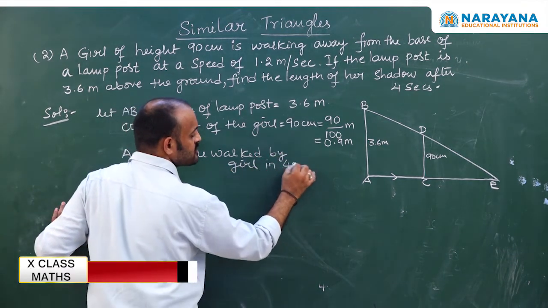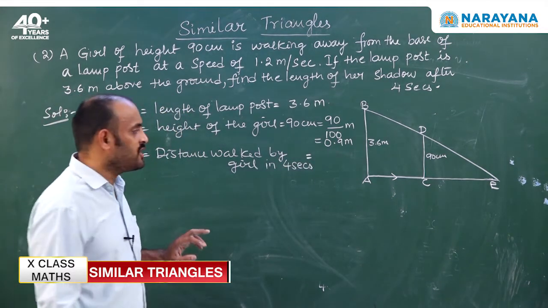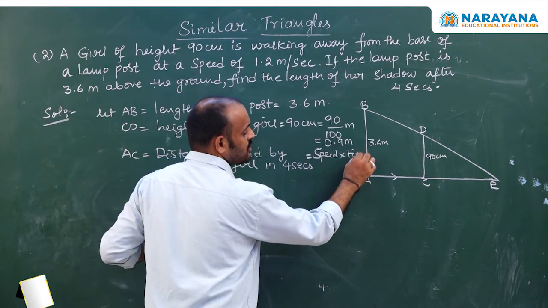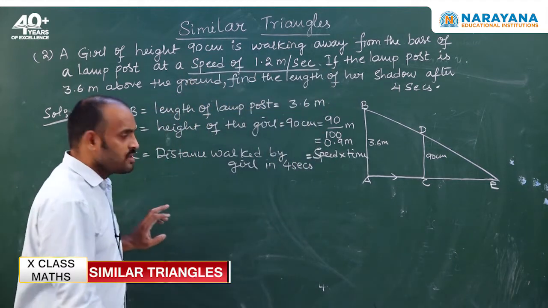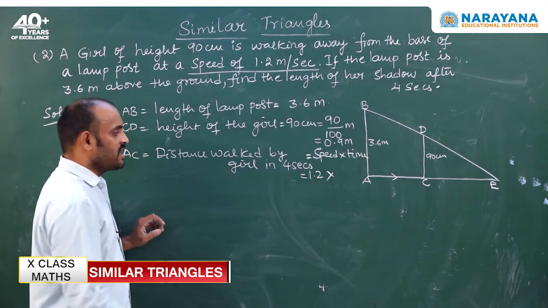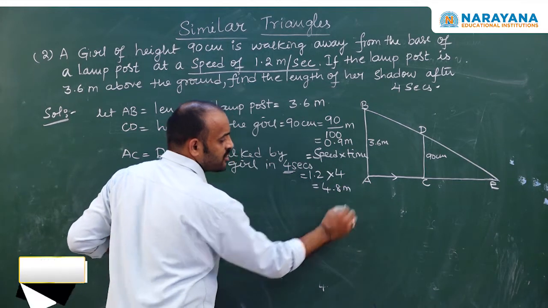in 4 seconds. So, what is the distance formula? Distance is nothing but speed into time. They have mentioned the speed of walking also. The speed of walking is 1.2 meters per second and the time taken is 4 seconds, therefore 4.8 meters.